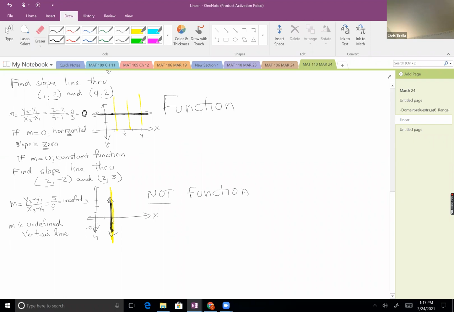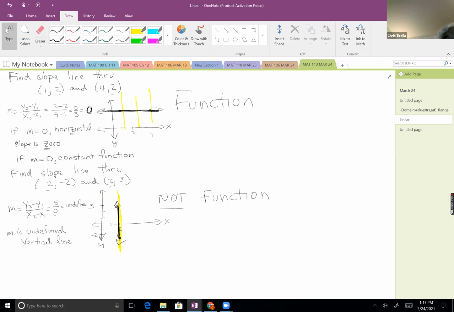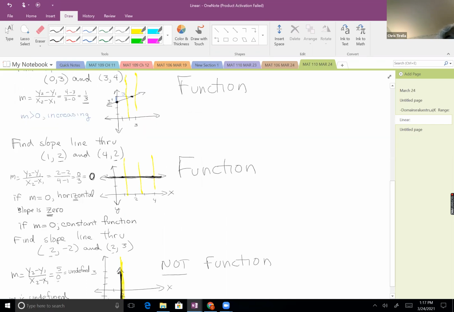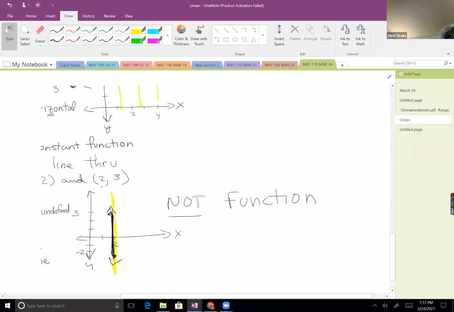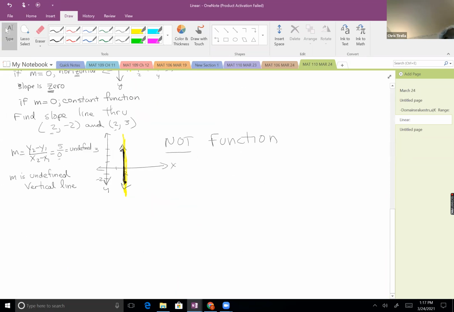And I know it's a lot of generalization, but does it make sense looking at those few lines that we've got, that the only time a line is not going to be a function is if it's vertical?